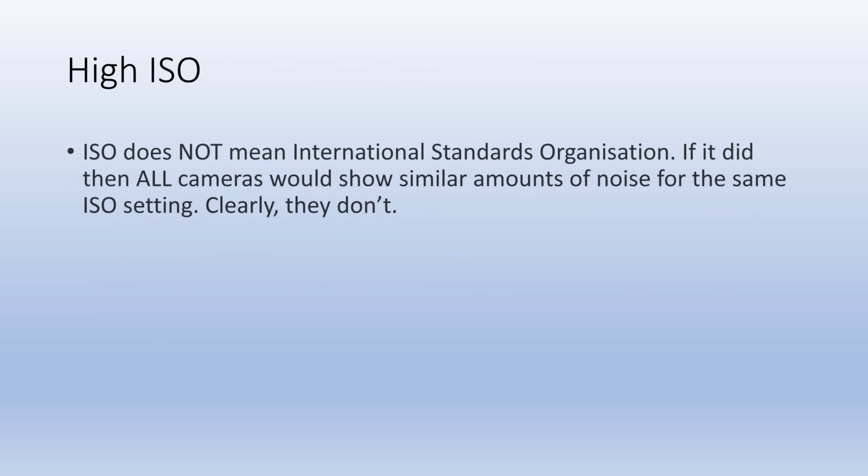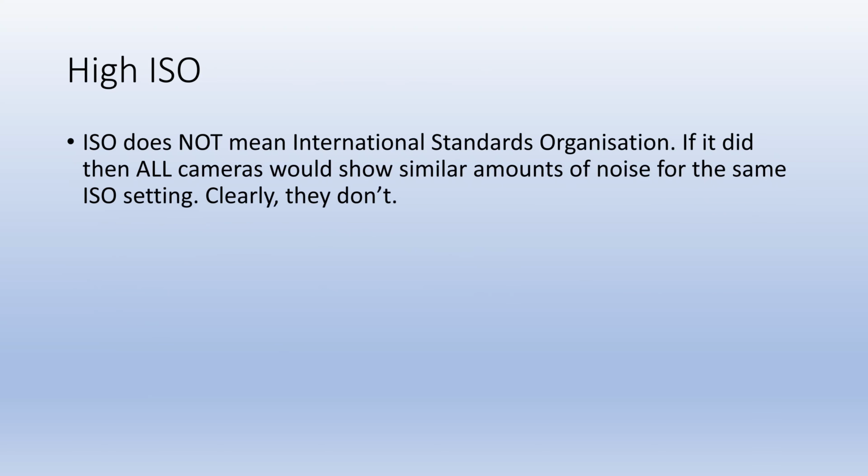Anybody want to take a guess what ISO means? No, okay. Well, there are two meanings for ISO. What it does not mean is the International Standards Organization. If it did, all cameras would have the same amount of noise for the same ISO setting, which obviously they don't. I've got an old Olympus E500 that at ISO 3200 would be much noisier than my new Canon R5.